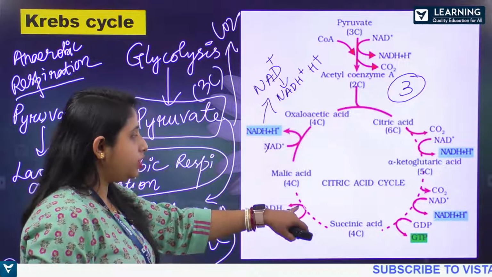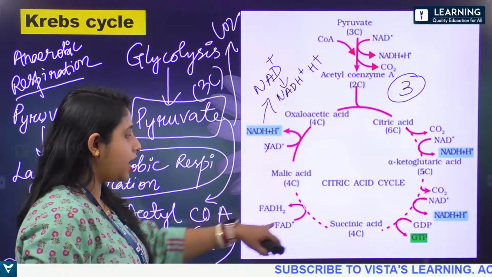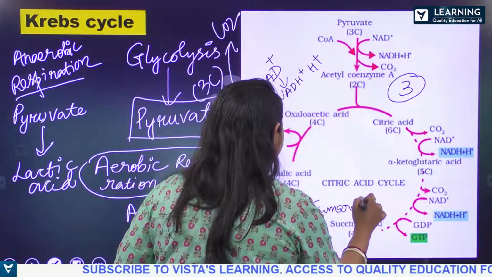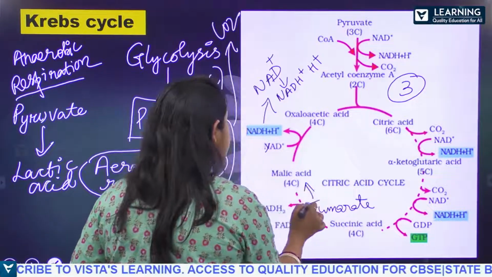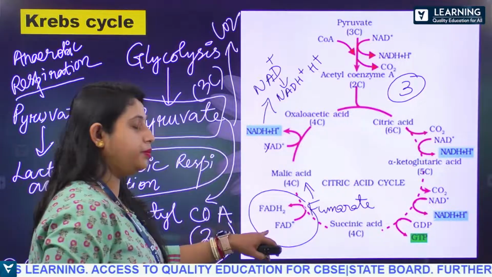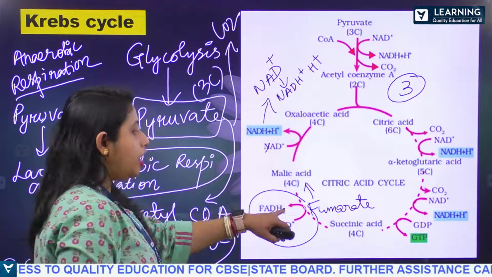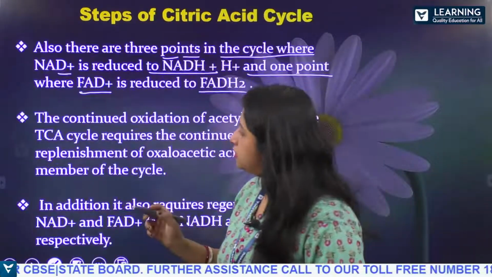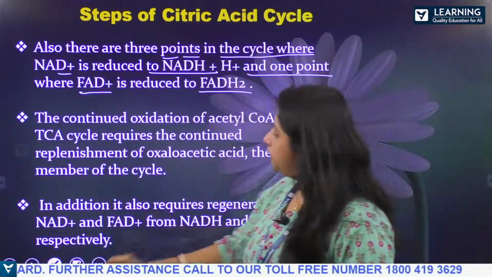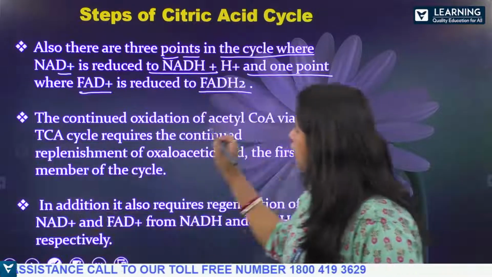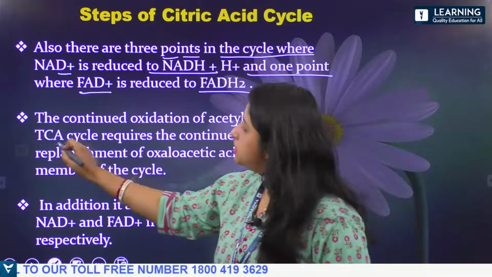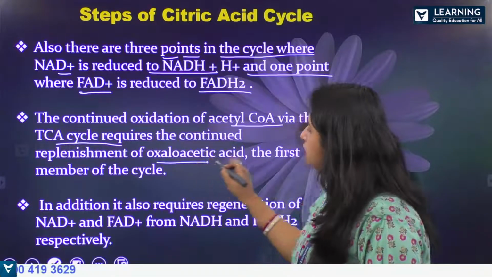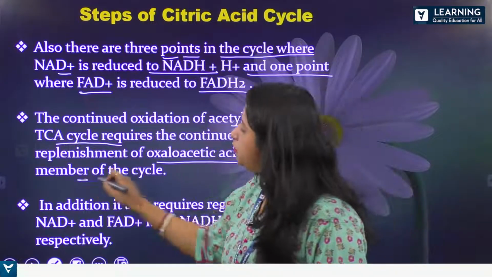When fumarate got converted into malic acid, at that time FAD got converted into FADH2. Okay, so yes. Next, this continued oxidation of acetyl coenzyme A via the TCA cycle requires the continued replacement of oxaloacetic acid, the first member of the cycle.